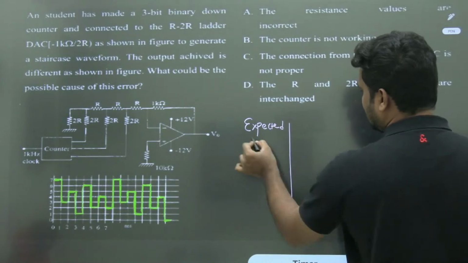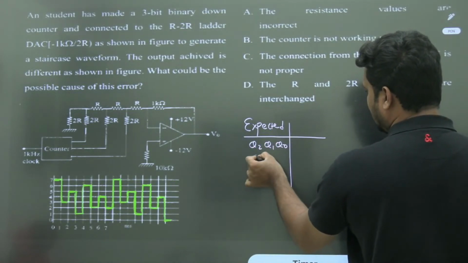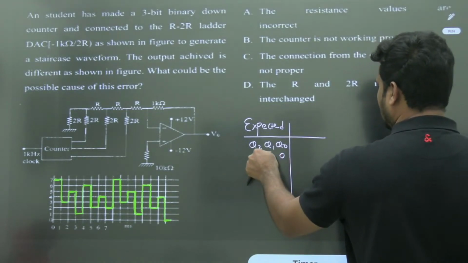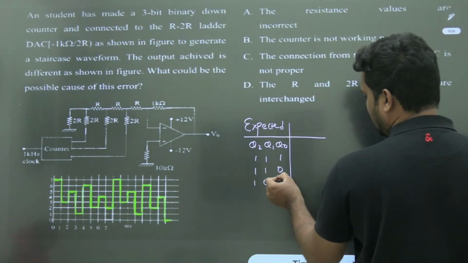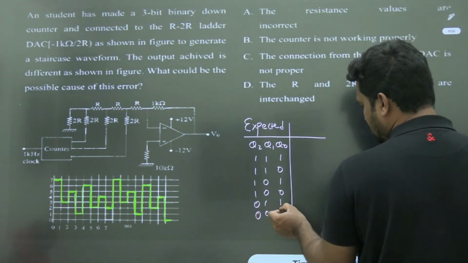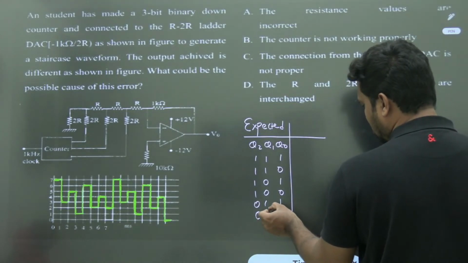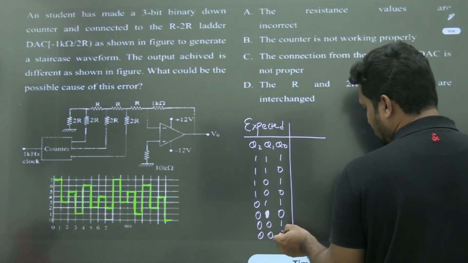Expected is Q2, Q1, Q0 must be all ones, 110, 101, 100, 011, 010, 001, 000.